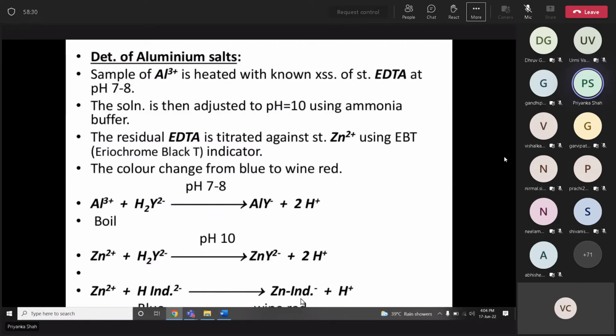Okay, so here see, as Zn is complexed with this indicator, initially your indicator was blue color, but when it is again with the metal ion, that will be wine red. Whenever the indicator forms a complex with the metal ion, it has wine red color. Okay.